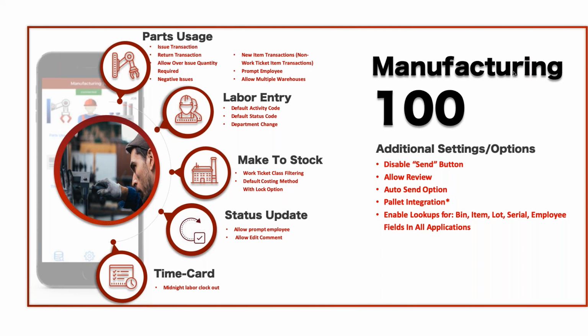Basically, anything that's done on a work ticket that you're doing on the floor, we can change a lot of those processes on the fly rather than changing that work ticket inside of Sage. Again, that labor entry, being able to default those activity codes or doing a department change. And then the time card, we have some customers using this, but it works for labor as well when we're doing this midnight labor clock in and clock out, where we can automatically clock you out during the midnight hours to basically help with your payroll.